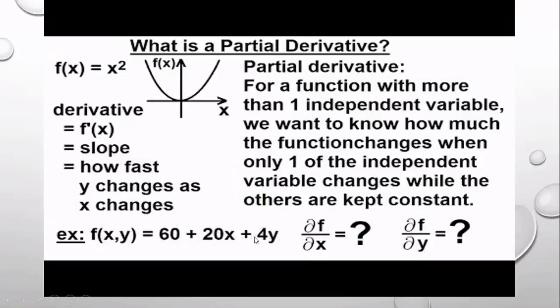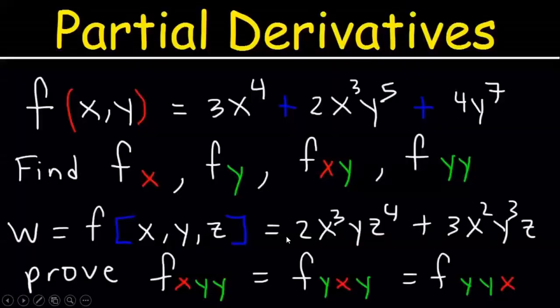Suppose you think 4y is a good formulation of the bread. Then keep 4y and change the wheat: 10 kilograms, 20, 30, 40, like that. So of two variables, one should be constant. Here fx means x is the variable and y is constant.